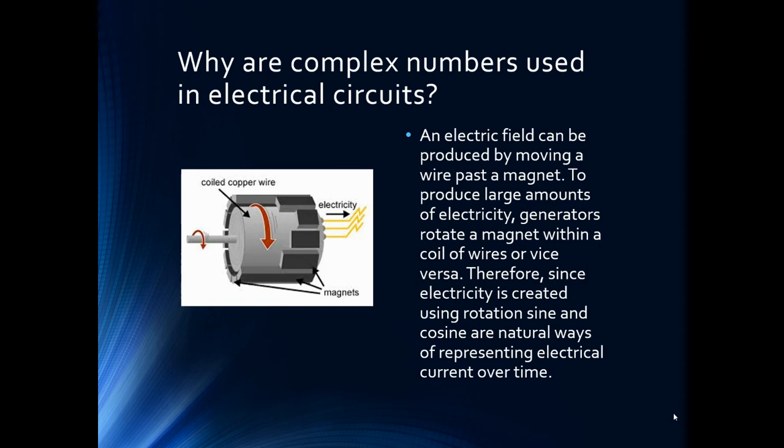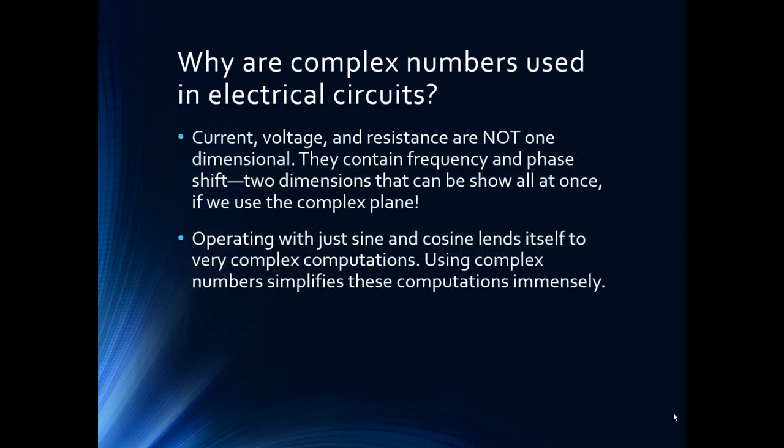An electrical field is produced by moving a wire past a magnet. And to produce large amounts of electricity, generators rotate a magnet within a coil of wires, or as this picture shows, the magnets are on the outside and the coil of copper wire is rotated on the inside of it. And that creates electricity. Since it's created using rotation, cosine and sine are very natural ways of representing electrical current over time.